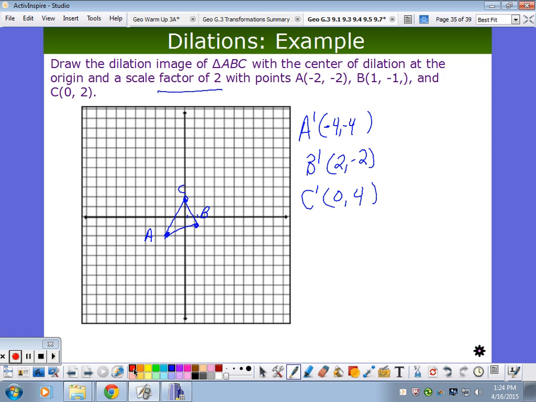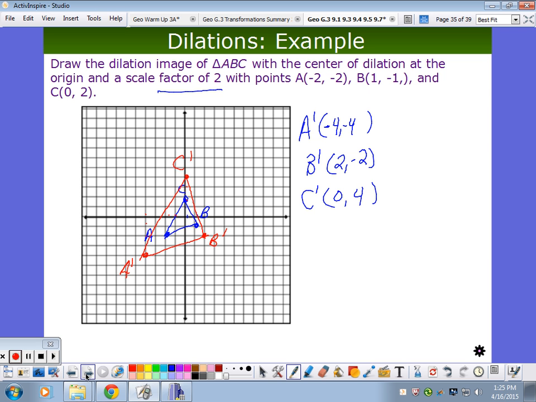So then I can go and graph those. -4, 1, 2, 3, 4, 1, 2, 3, 4. -2, -2. 1, 2, 3, 4. This one, this one, this one. Similar shape. One is bigger than the other. We enlarge that triangle. Is it? It is.